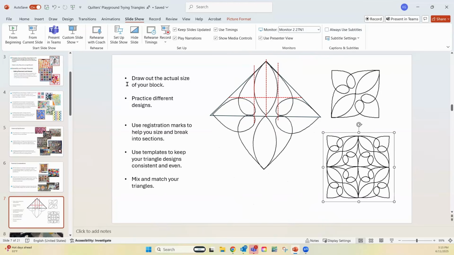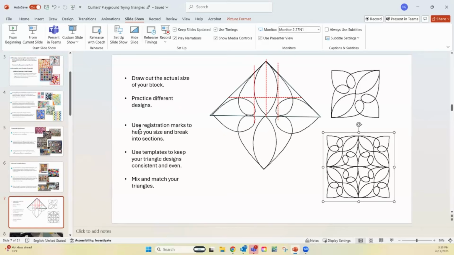So number 1, draw out the actual size of your quilt block that you want to quilt in. This is the number 1 thing that you should do when you want to start creating designs to put in your triangle. Then practice different designs. Practice using loops, practice using petals, any shape, even feathers, whatever that design is.